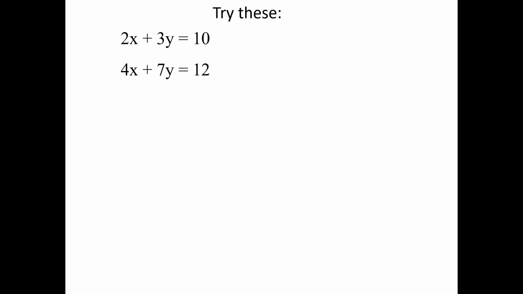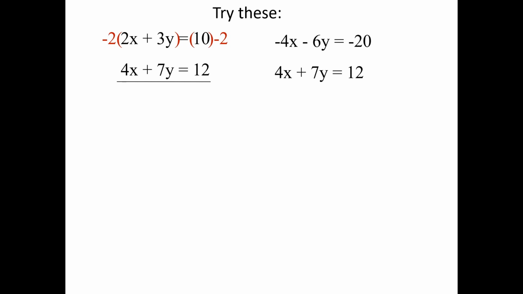One more try here. We got 2x plus 3y is 10. We got 4x plus 7y is 12. The top one, multiplied by negative 2, would get rid of the 4x. So that sounds good to me. I multiply every term through, and then I combine them.